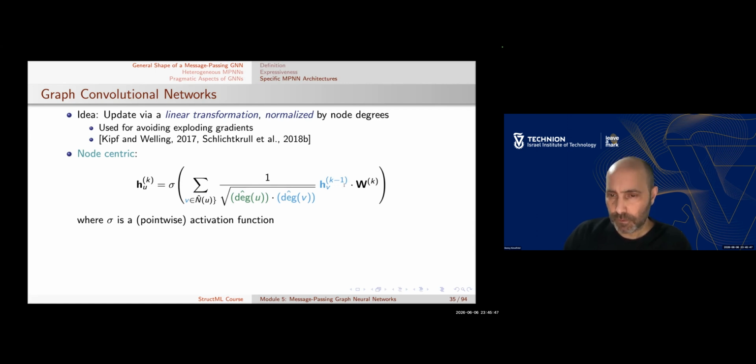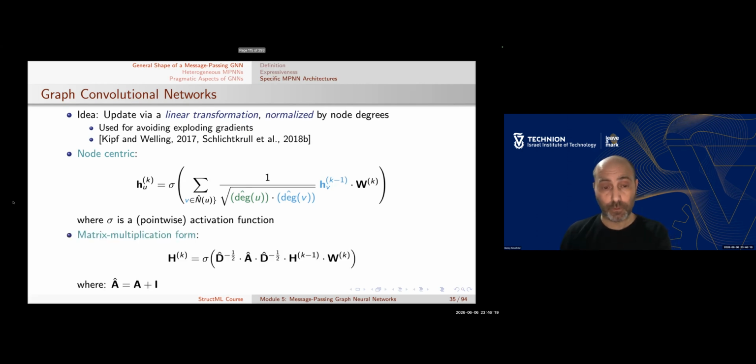We use the previous value, h_v^(k-1), multiplied by some weight matrix, and then we normalize it by this product of the degrees of the two endpoints of the corresponding edge of the message. So this is the square root of the degree of U times the degree of V. Here sigma is an activation function, it can be sigmoid, it can be ReLU, leaky ReLU, whatever, but applied pointwise.